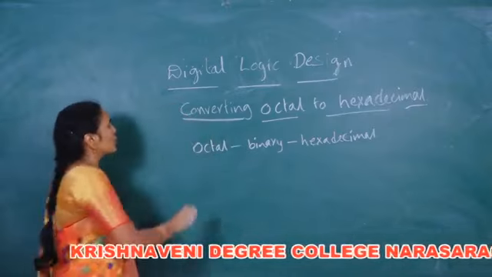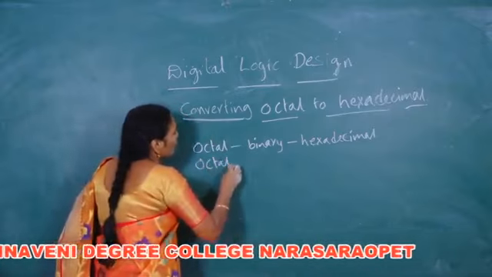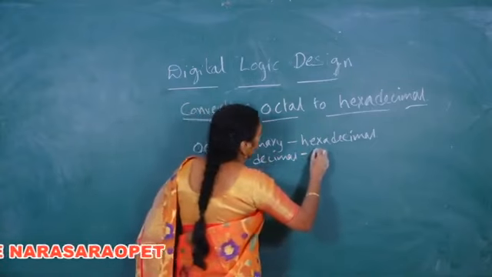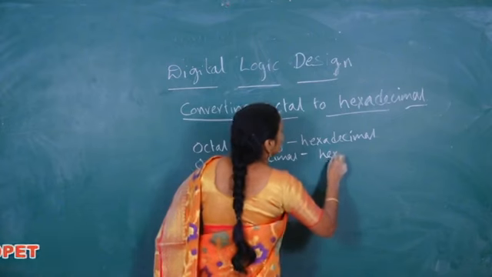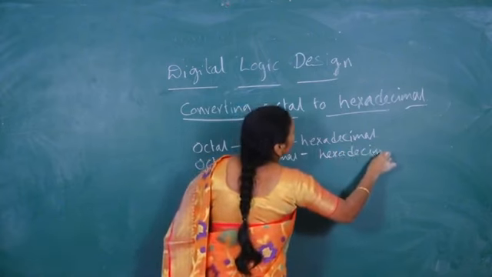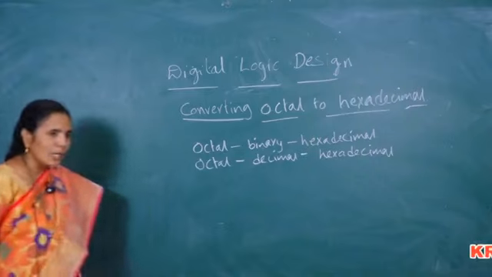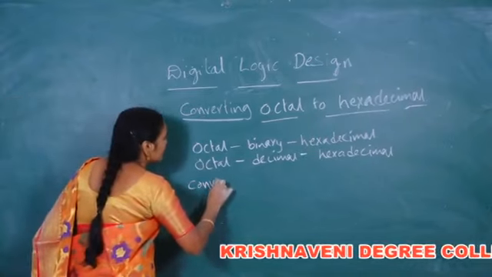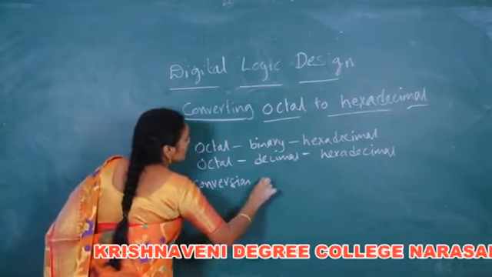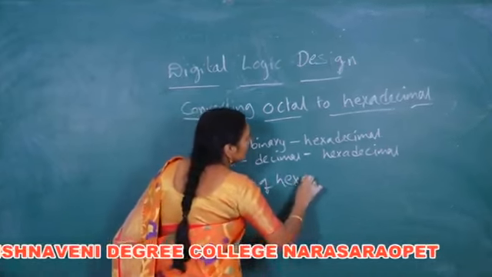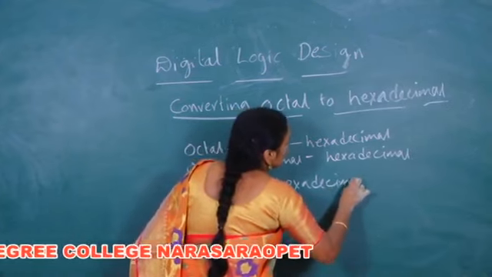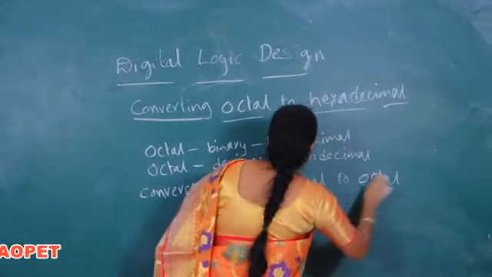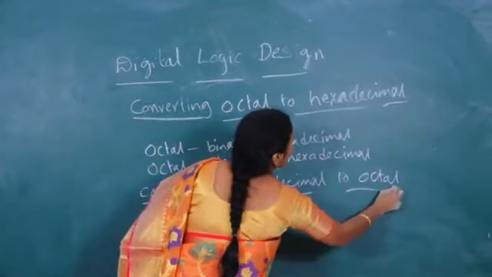And there is another process also. Octal can be converted to decimal, and decimal can be converted to hexadecimal. Likewise, conversion of hexadecimal to octal.